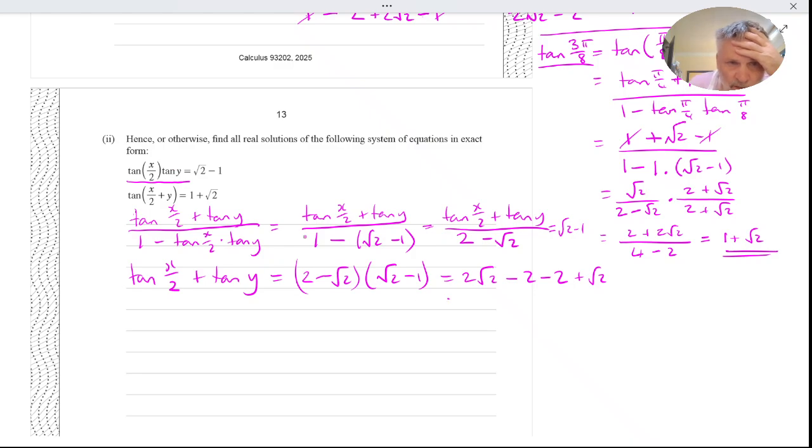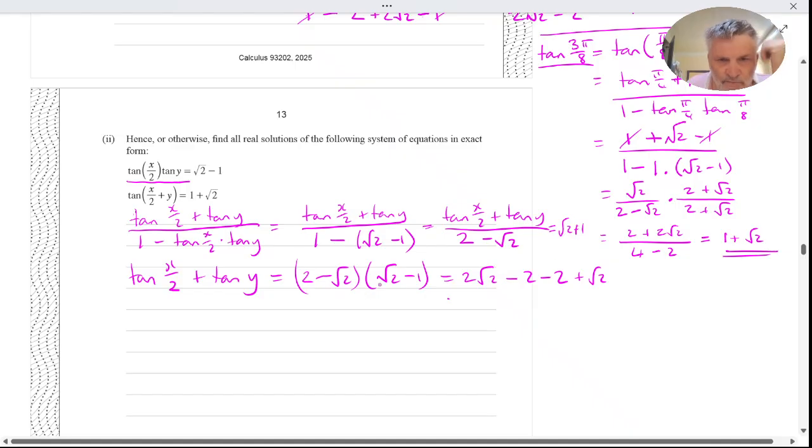I wrote the wrong thing in here. This is 1 plus root 2. So we get 2 root 2 plus 2, minus 2, and then minus root 2 here. So all of that is equal to, the 2's cancel, 2 root 2 minus root 2 is root 2.